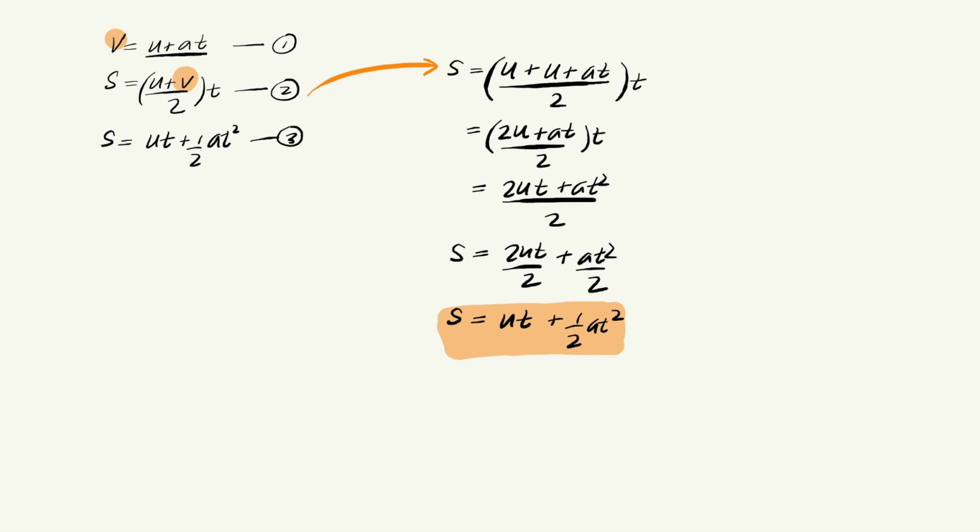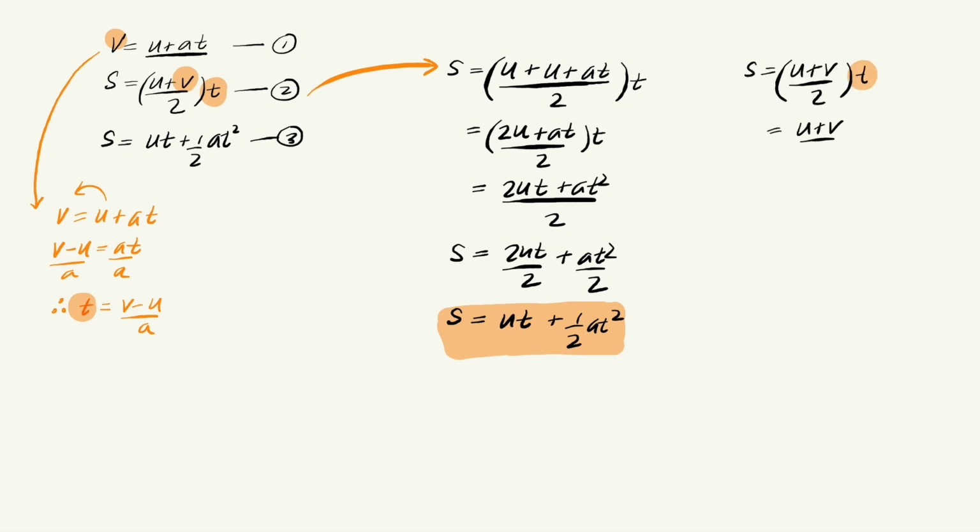For our fourth equation, we're going to eliminate time instead. Start with equation 1. V equals u plus at. Rearrange to solve for t. V minus u equals at. T equals (v minus u) over a. Now substitute this expression for t into equation 2.